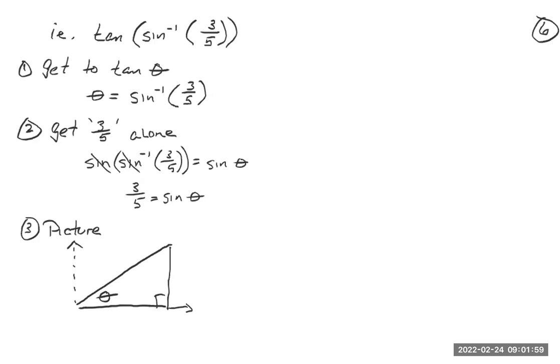And we're going to remind ourselves what sine theta is. Sine is y over r, and 3 over 5. That makes 3 on the y, or the opposite.